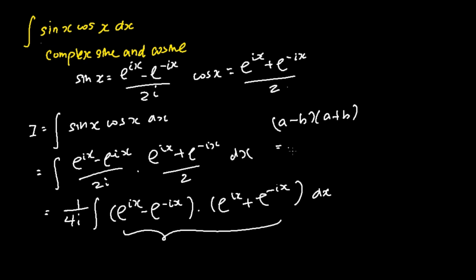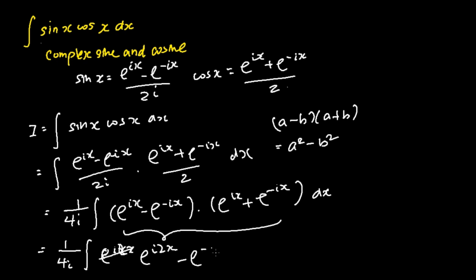So as you know, when we get this, we get a squared minus b squared. Applying the algebraic knowledge, we get the following, which is 1 over 4i, the integral of e to the power of i2x, subtracting away e to the power of negative i2x dx.